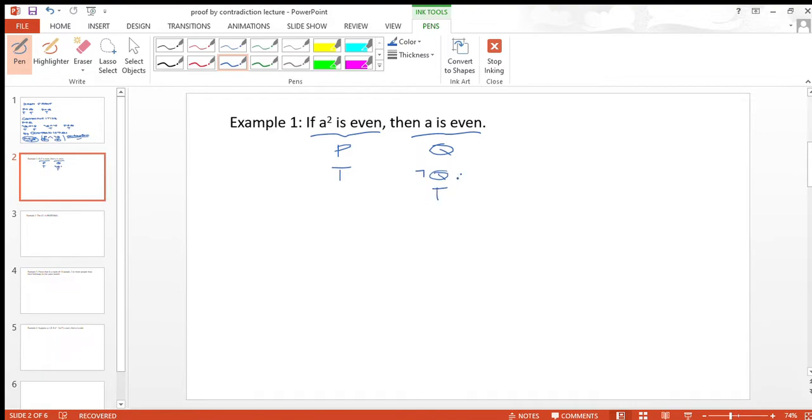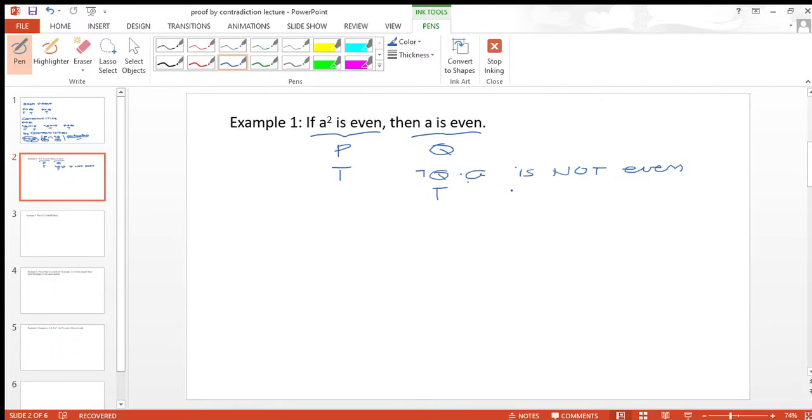And what is not Q? If A squared is even, then A is even. Q is A is even. Therefore, for not Q, A is not even.